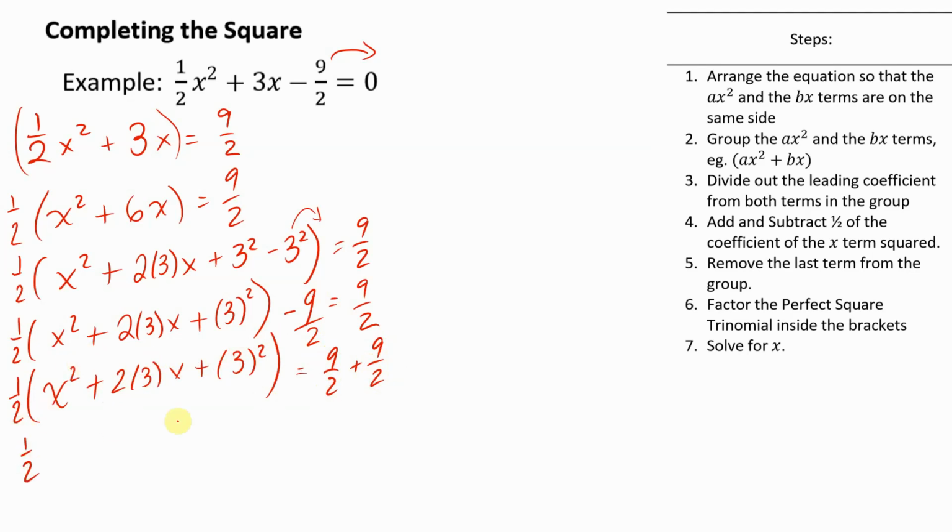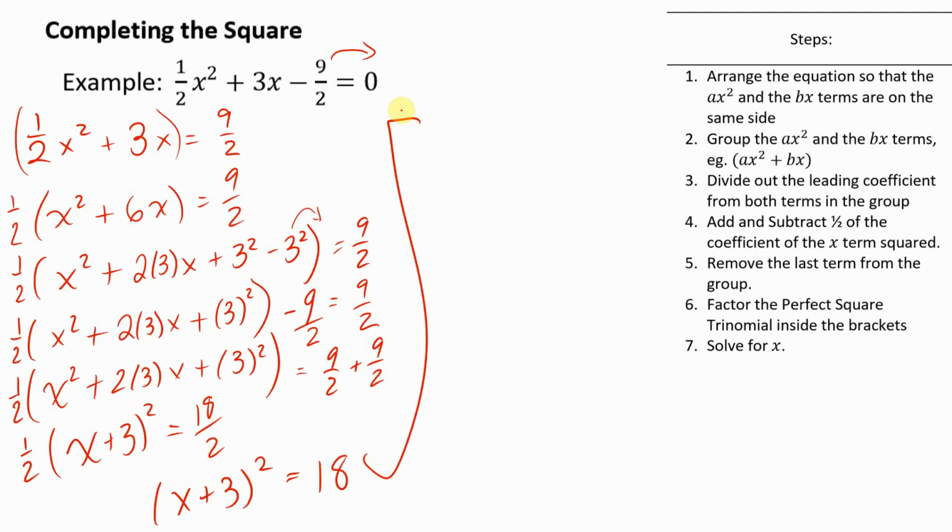Now if you notice, this is one of our perfect square trinomials. So x plus 3 squared is equal to 18 over 2. We can multiply both sides by 2, giving us x plus 3 squared is equal to 18. Now we can square root both sides, so x plus 3 squared, square root, and also square root 18.